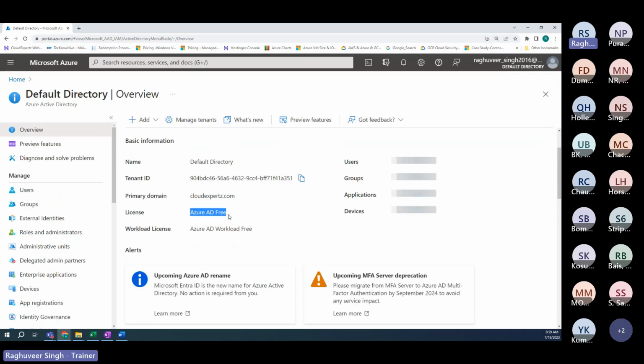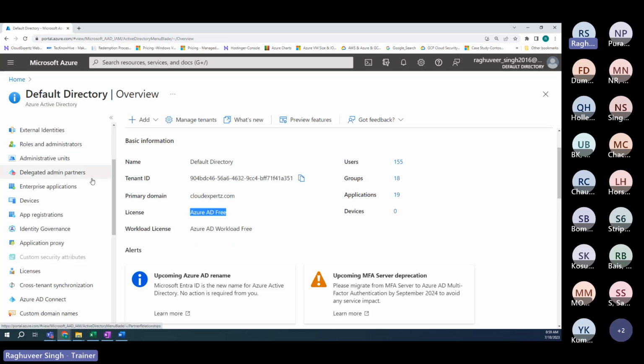I'm using the free version of it. There are 4 versions of Microsoft Azure Active Directory: free, Microsoft 365, Premium P1, and Premium P2. Based on the versions, you will get the features. So this is the free version that I use, because the paid version has a cost based on the number of identities that I provision, and I don't want to pay that cost because I use this account for training. So this is my free version.